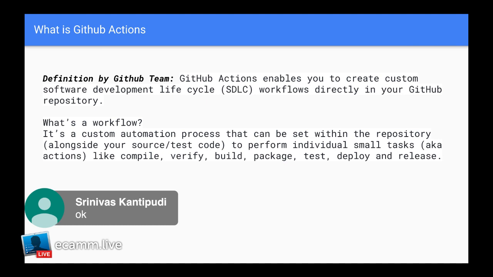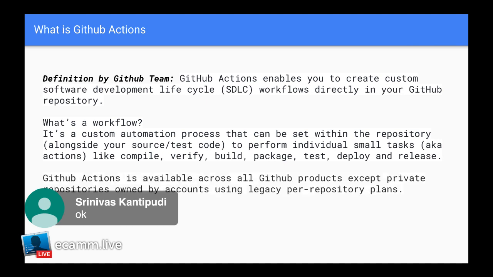That is the source code and the test code, where we perform small individual tasks, like we compile that as one step, verify the code, then we build, then we package, and we test and deploy and release that, right? So now coming to the GitHub Actions.